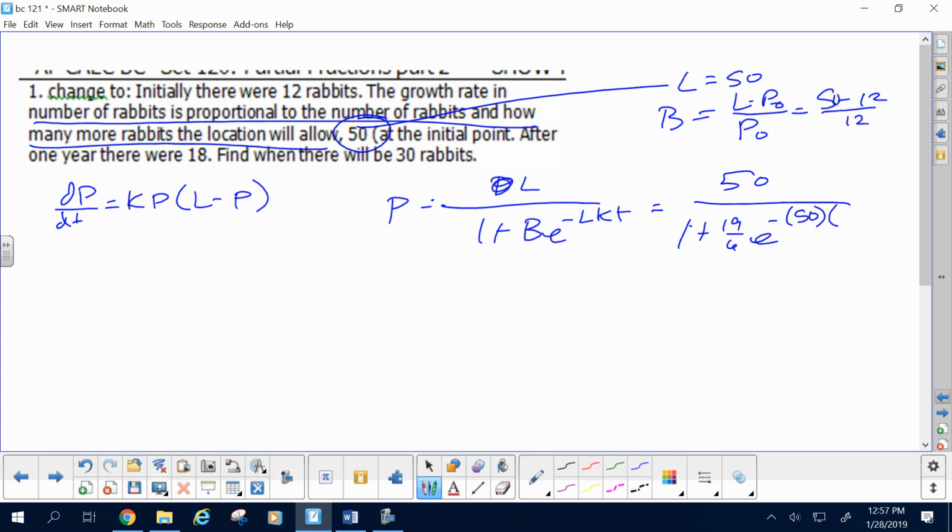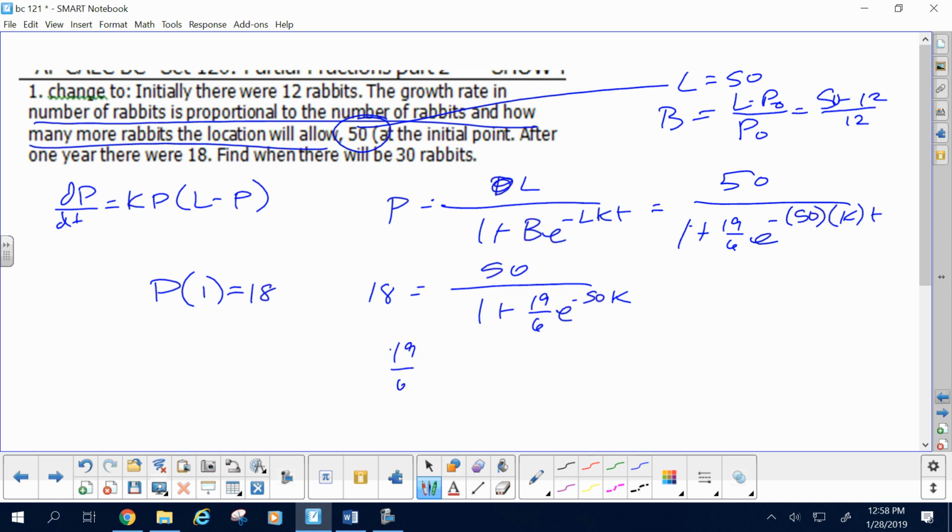What about K? We need another case to find K. So let's plug in the case of P at 1 is 18. So 18 equals 50 over 1 plus 19/6 e to the negative 50k times 1. If I move that over there, divide, then subtract 1, I get that 19/6 e to the negative 50k is 50/18 minus 1.